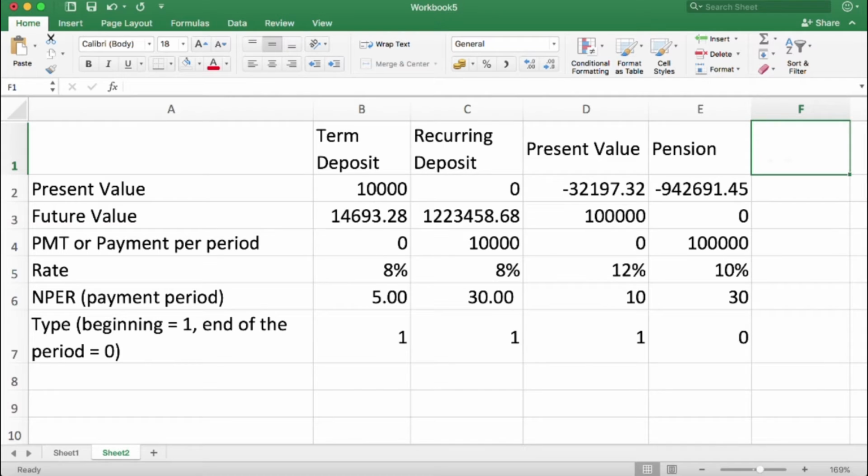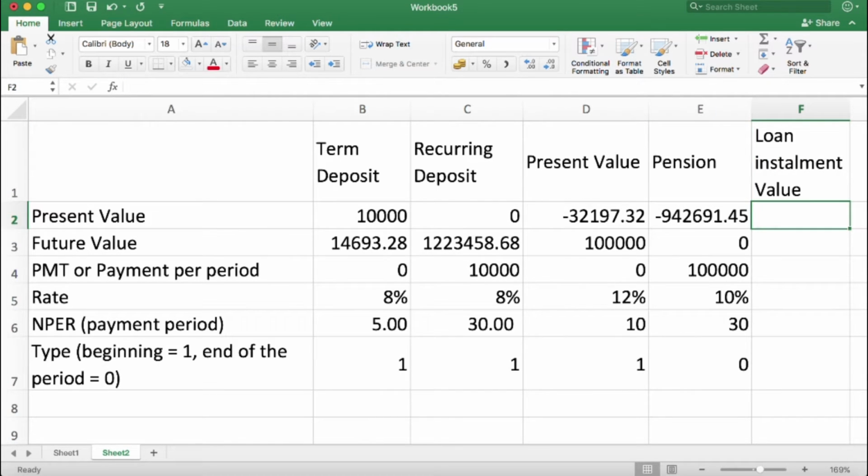So this is the loan installment value. This is what we have to find out. The present value of the loan is 1 million. Future value is 0 because we don't want to have any outstanding at the end of the period. Payment per period, PMT, is the one which we have to find out.